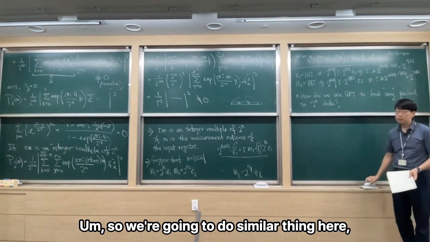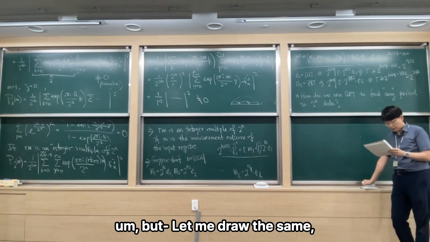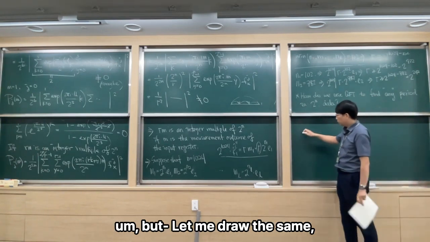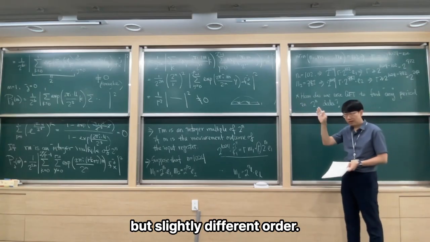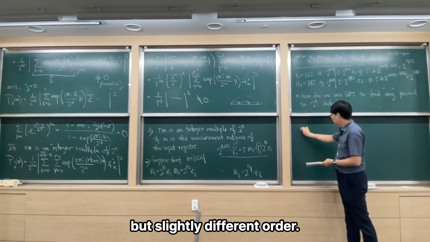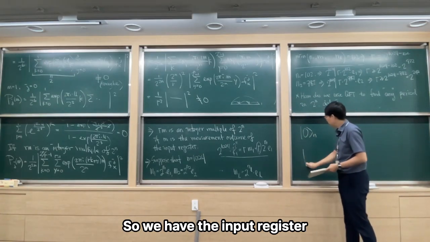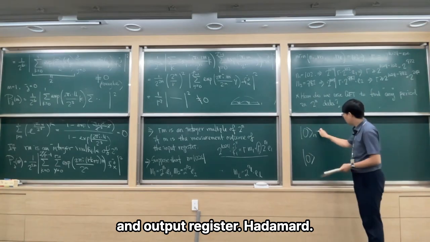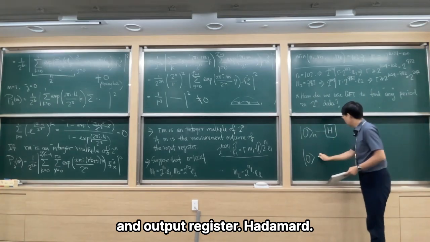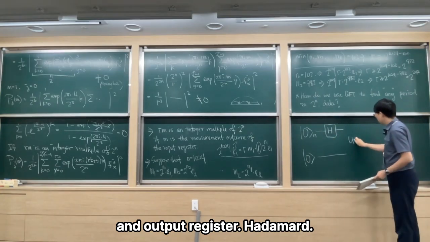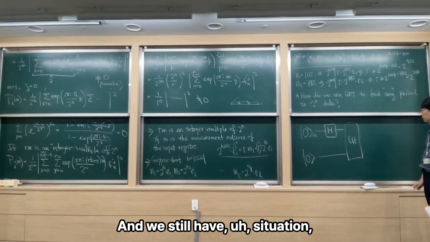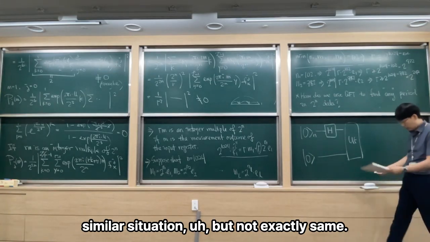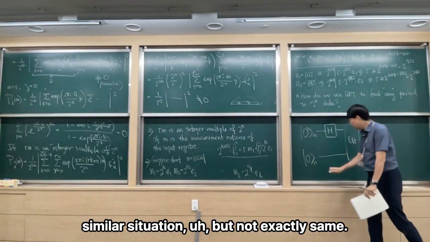So we're going to do a similar thing here, but let me draw almost the same quantum circuit, slightly different in order. We have the input register and output register, Hadamard, and we still have a similar situation, but not exactly the same.